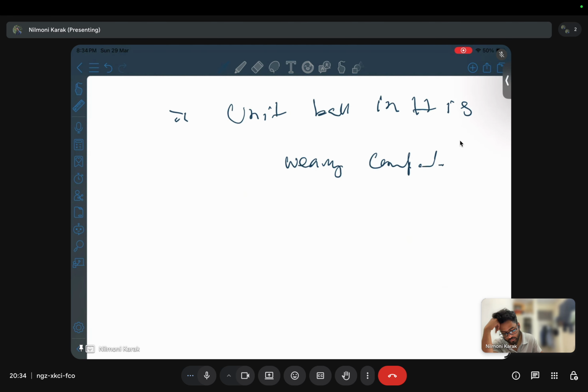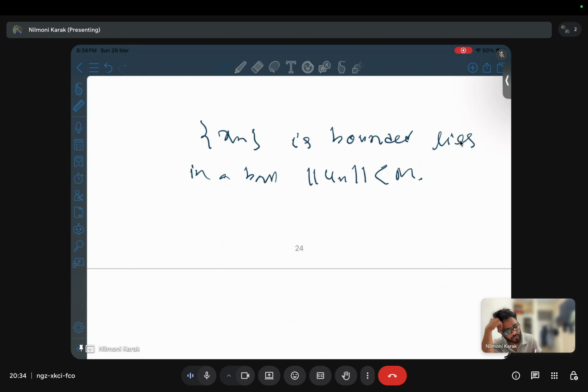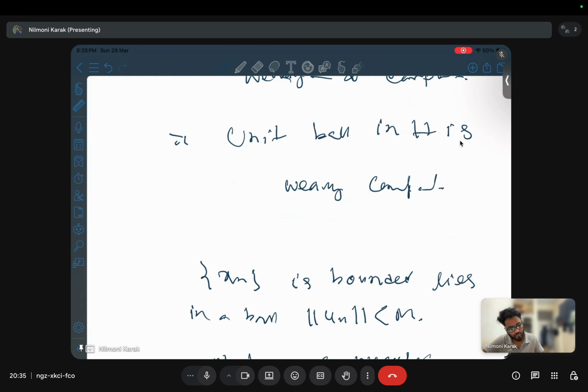Now by Banach-Alaoglu, this xn is bounded, so it lies in a ball, and this implies it has a weakly convergent subsequence. So this is true.